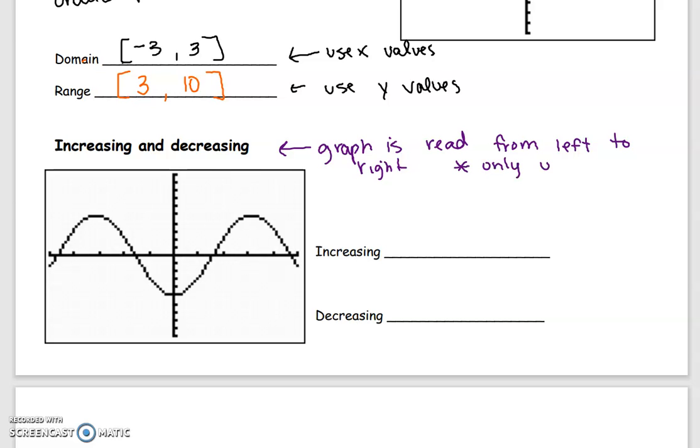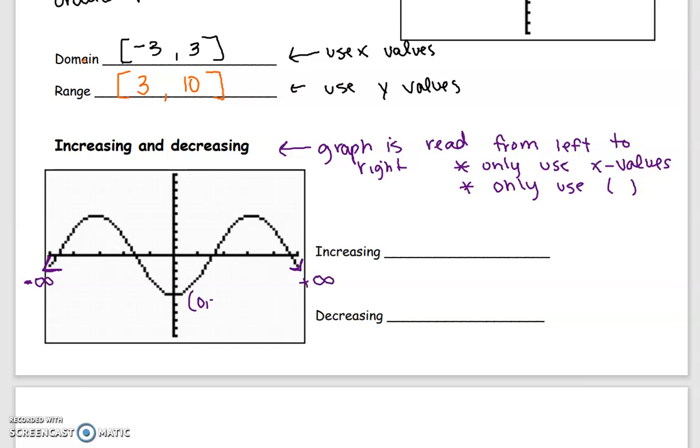We only use x values, and we only use parentheses, no brackets. So this is going to go on forever this way, and on forever this way. So this is our negative infinity, this is our positive infinity.